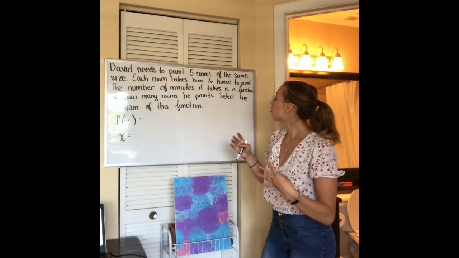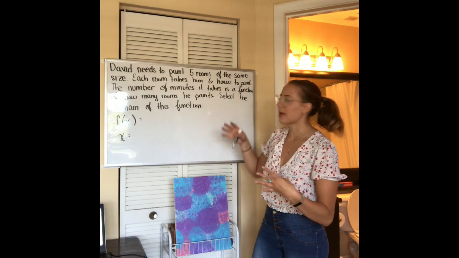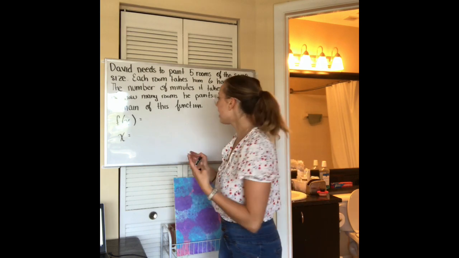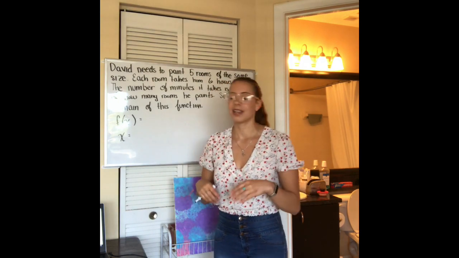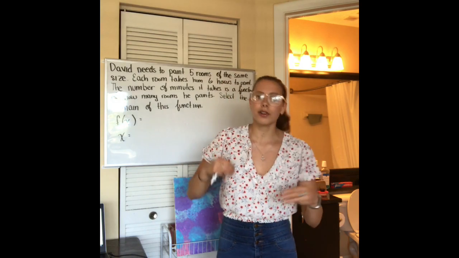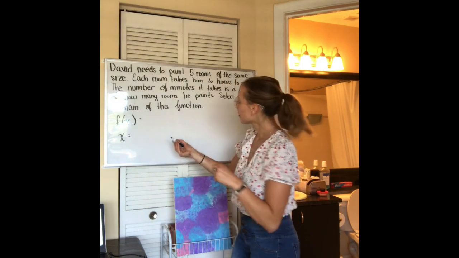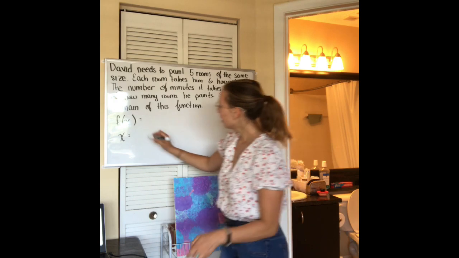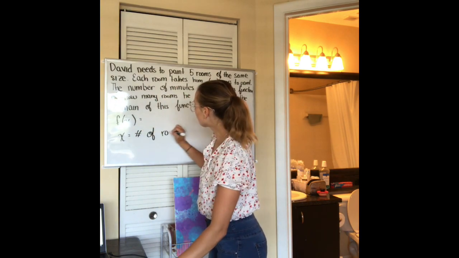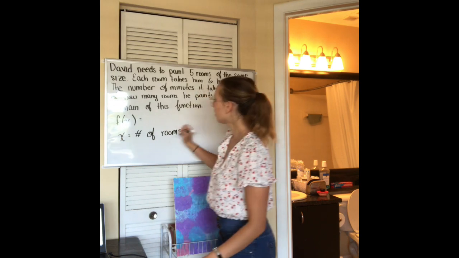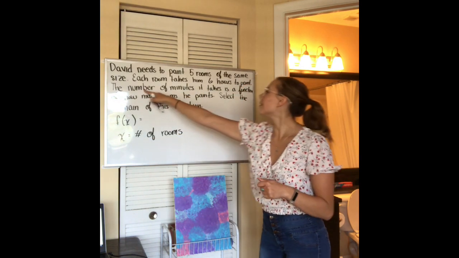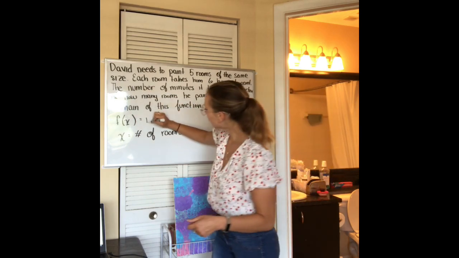So if it takes him 6 hours to paint a room, we're plugging in how many rooms he paints, right? If he paints 1 room, it takes 6 hours. If he paints 2 rooms, it takes 12 hours. If he paints 3 rooms, it takes 18 hours, and so on. So our x values is the number of rooms, which means that f of x is the number of minutes it takes.